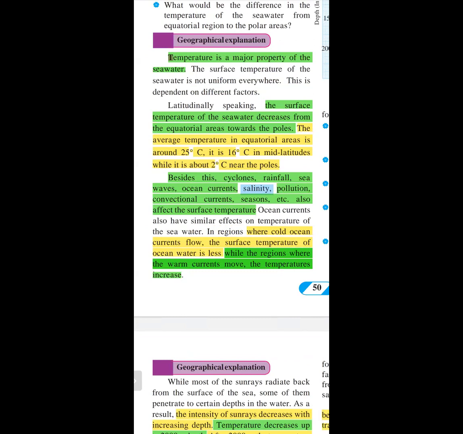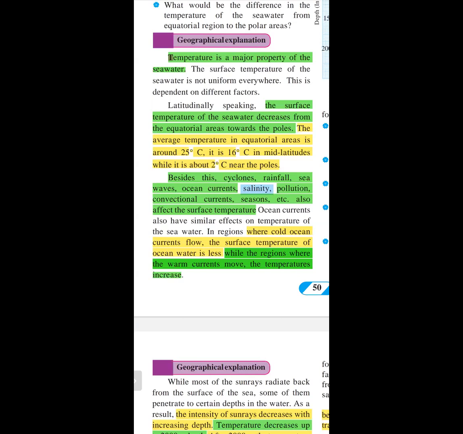The third point is right below: in regions where cold ocean currents flow, the surface temperature of the ocean water is less, while in regions where warm currents move, the temperature increases.